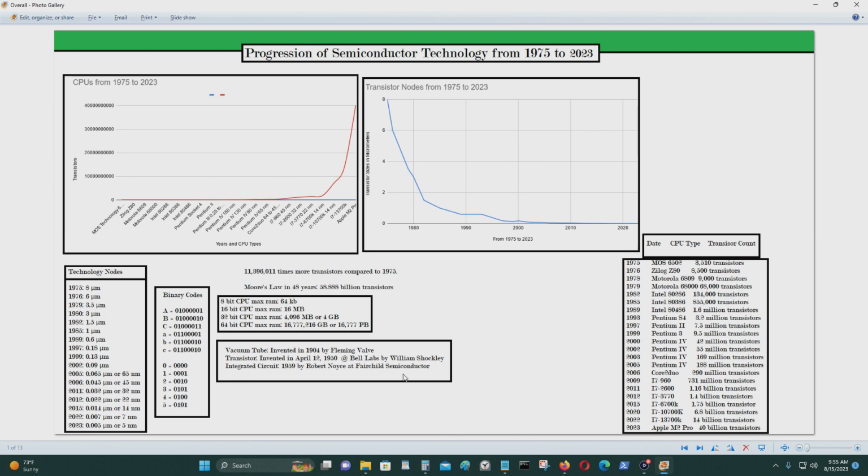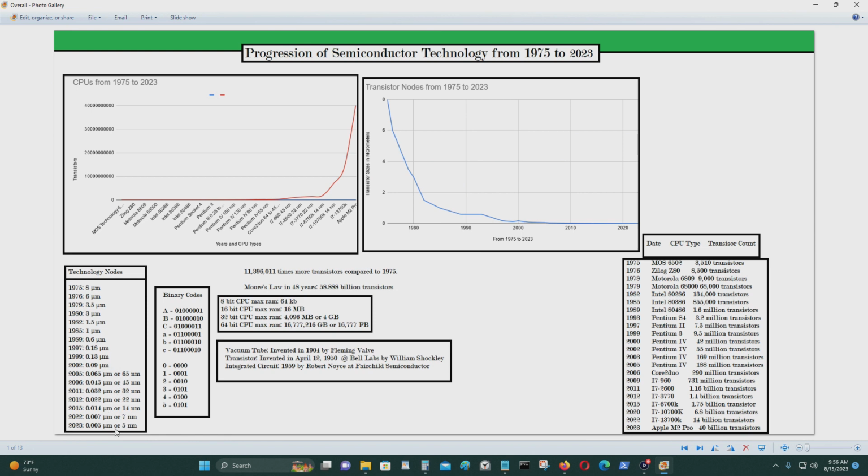But however, there are processors that have 3 nanometers, which I'm pretty sure would have more transistors than the Apple M2 Pro, which is based on the 5 nanometer process. And as you can see, the transistor nodes or the process has been going down exponentially. And it's like limits in calculus. It's going to almost zero, to infinity, I guess.